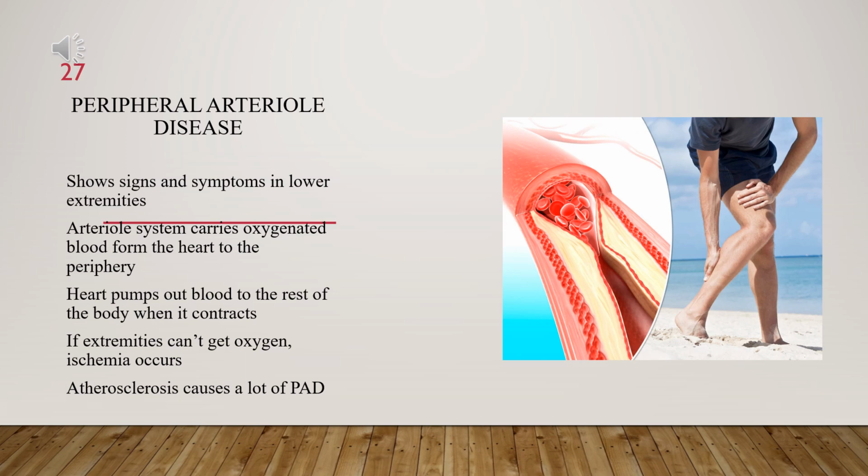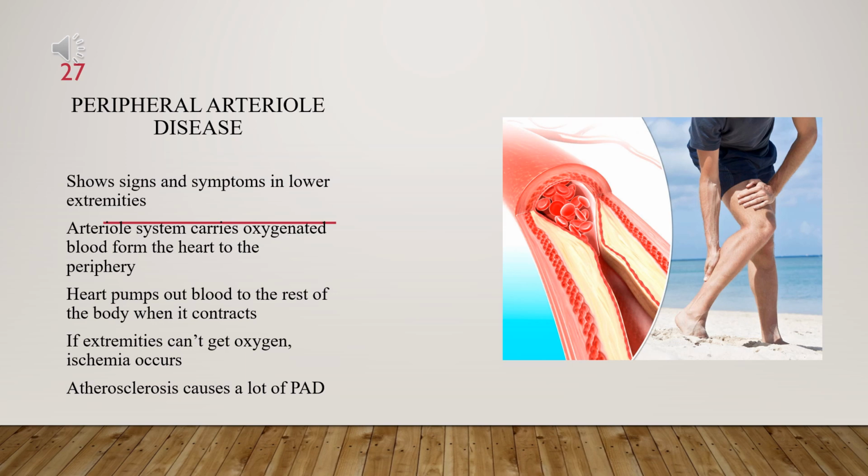People with peripheral artery disease are going to show signs and symptoms in their lower extremities. The arteries carry oxygenated blood from the heart to the periphery. The heart pumps out the blood to the rest of the body when it contracts, but if the extremities can't get oxygen, then ischemia is going to occur.